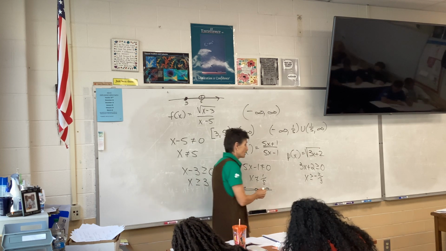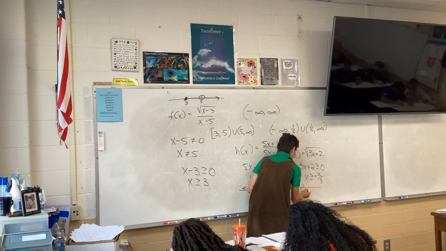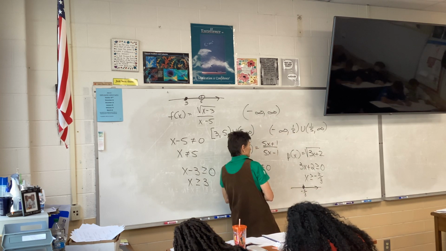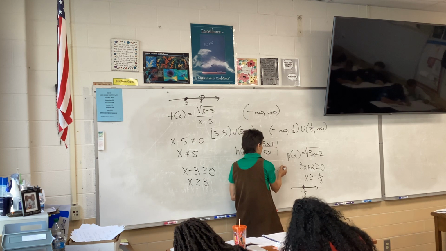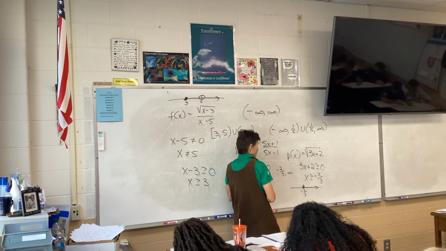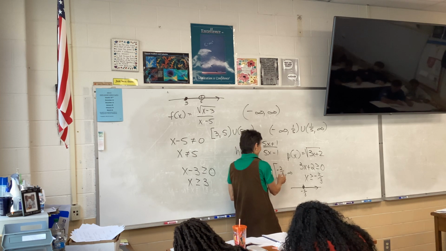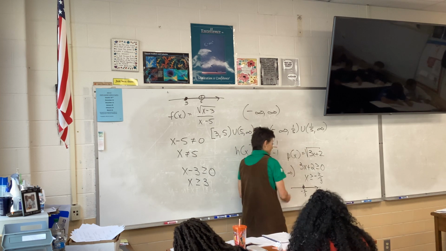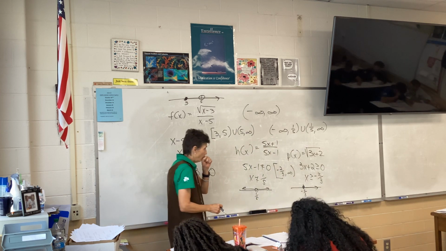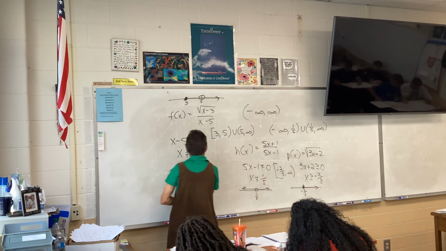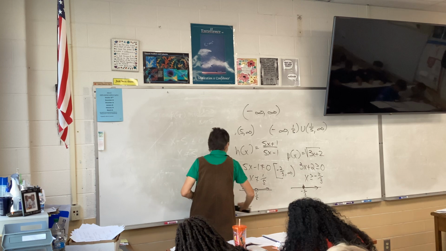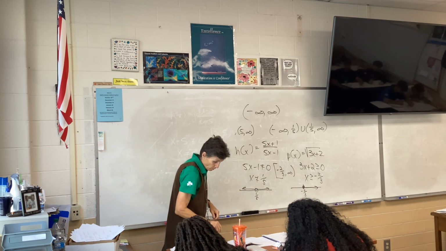So again, you do not need to draw a picture, you have to write an interval. So what's that interval going to be? Negative 2/3 to infinity. What kind of symbols? Bracket at negative 2/3 and parentheses as always at infinity. All right, one more.